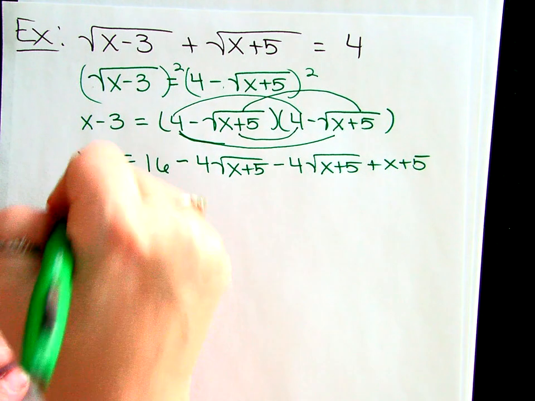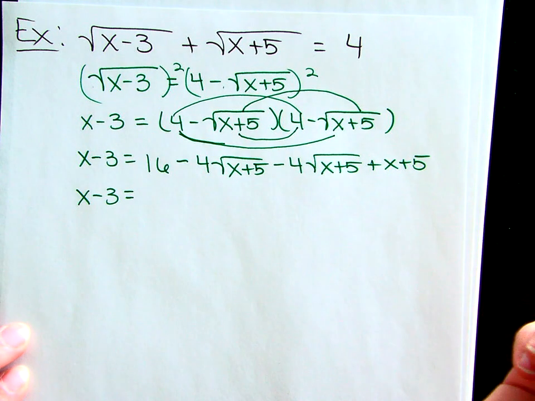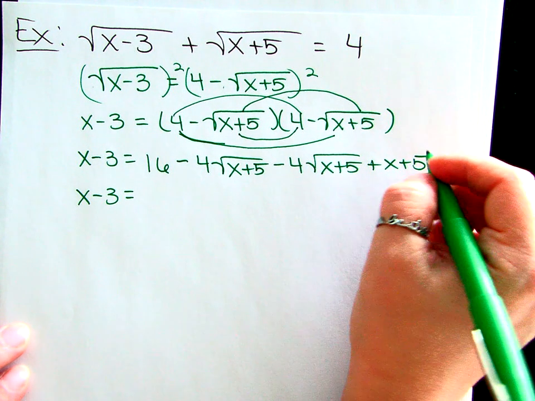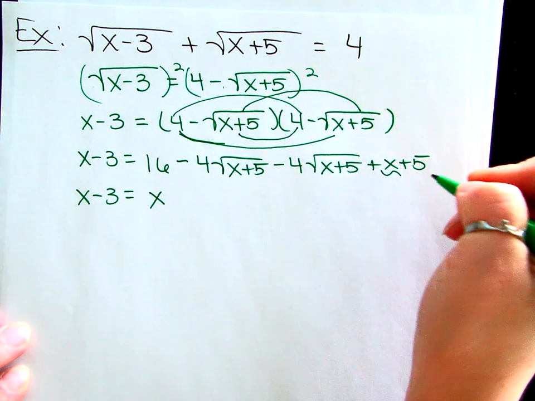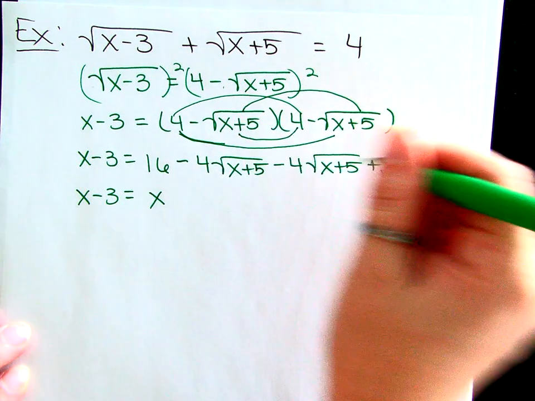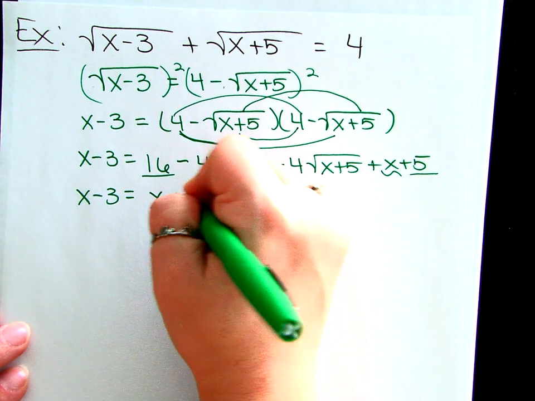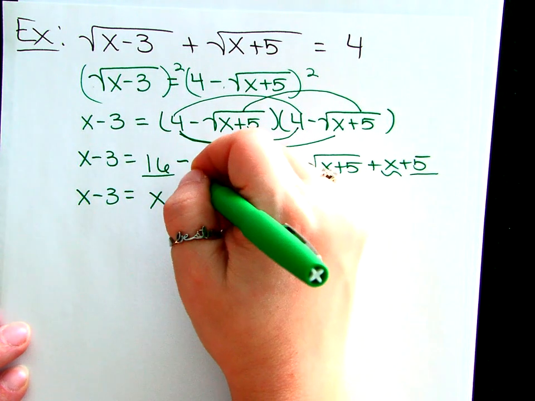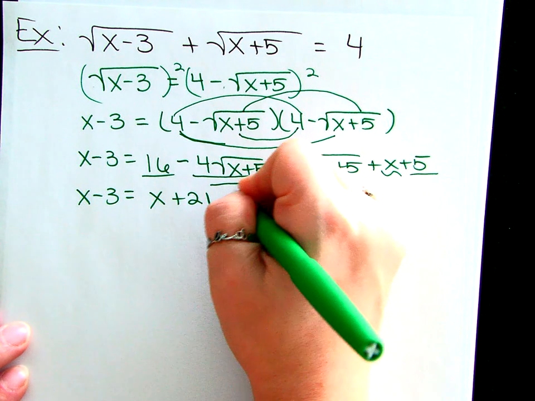Now I'm going to combine my like terms because I do have some. And I'm going to reorder it so that my x is first. So here's my x. And then I have my 5 plus 16 is 21, and I have all of this here in the middle that I can combine together for a minus 8 radical x plus 5.